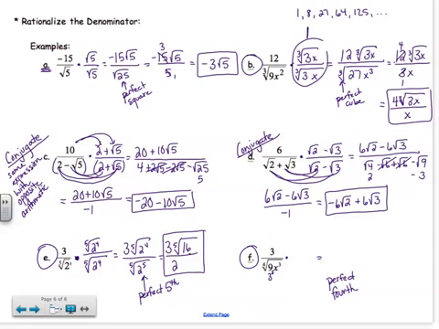Okay, so I'm going to multiply by the fourth root of 9, and then to get x to the third to be a perfect fourth, I need another x there. So I'm going to multiply by the fourth root of 9x. So I get 3 times the fourth root of 9x, and then in my denominator I get the fourth root of 81 x to the fourth.